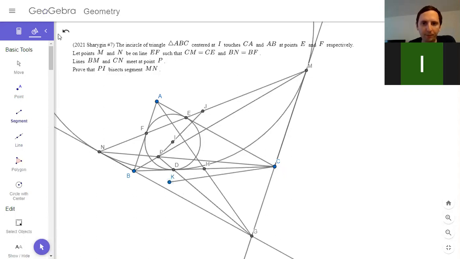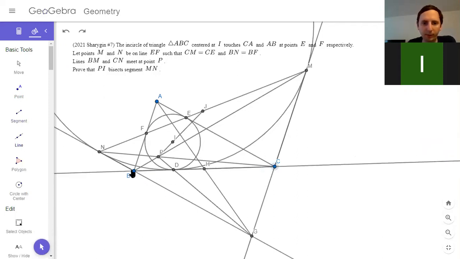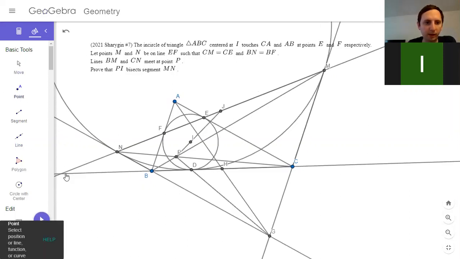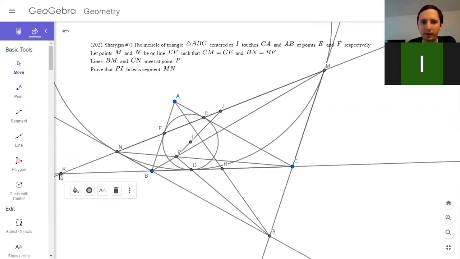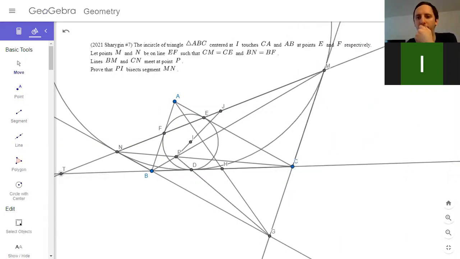I'm trying to. Okay, so I'm thinking of what Arabian Math is saying. So if we let the intersection point be T, then B, C, D, and T, we want to show they're in harmonic conjugation. Is that obvious? I don't see it yet.